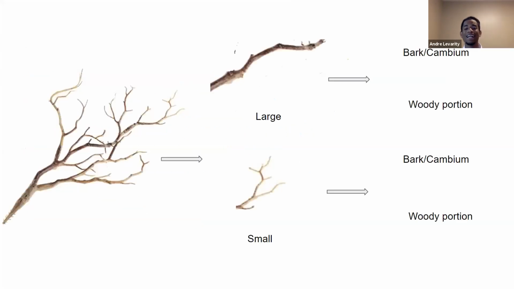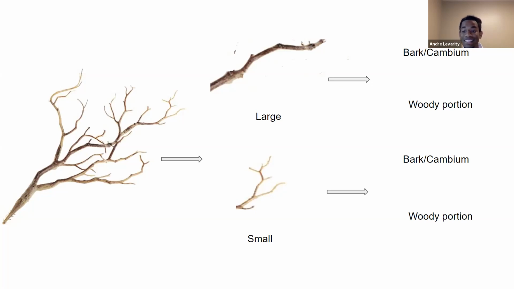Just to give you a better idea of what exactly I did in that first step and what I categorized branches as, you see the big branch at the beginning, and that's categorized as a large branch, that main branch, and then the smaller branches are like the little twigs that you can see branching out from that branch.